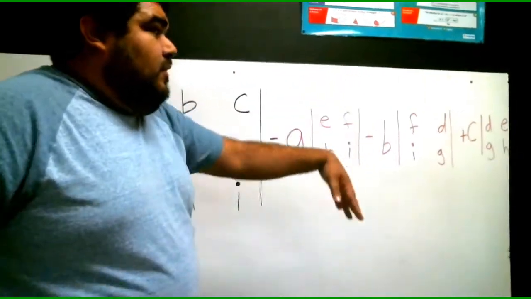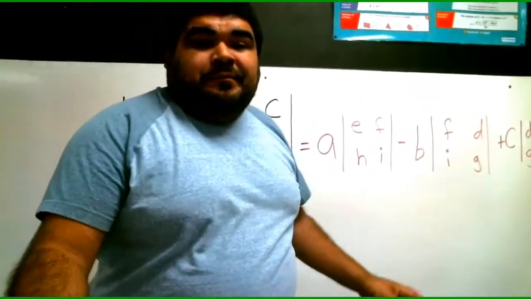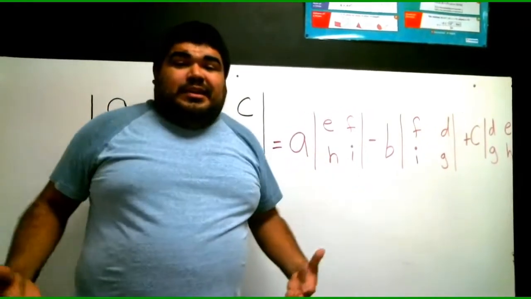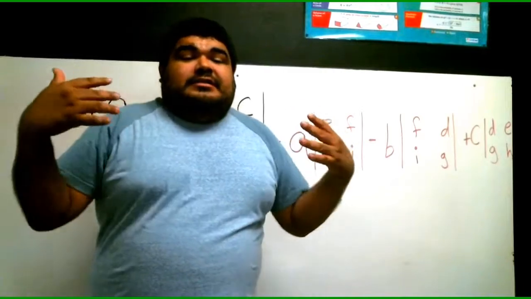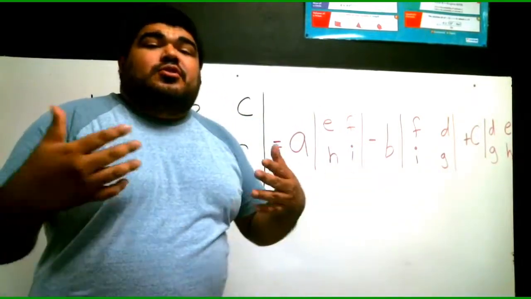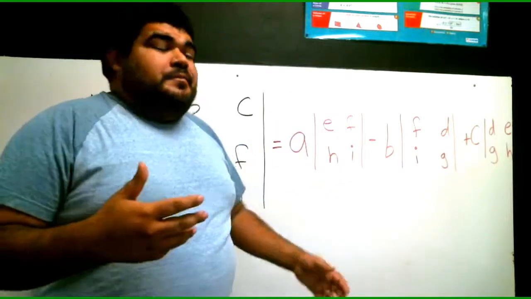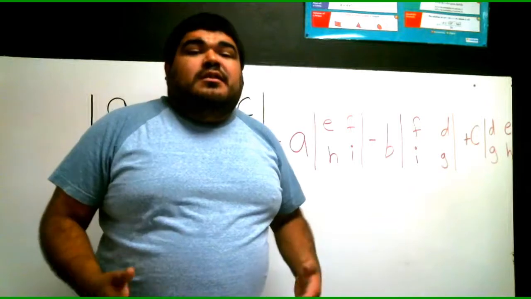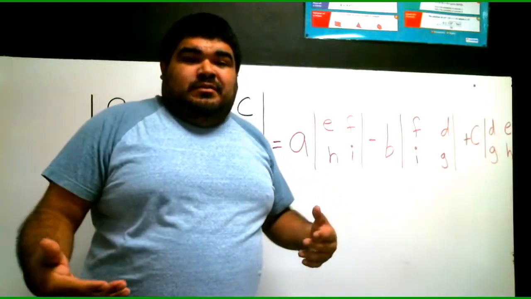I ran out of room to do a little line at the end, but that is the equation you're going to need today, okay? It looks kind of complicated. It's not very complicated once you plug in the numbers, once you know how it works. I'm going to show you a different way how it works. But once we do plug it in, it makes it a lot simpler, okay? I'm going to show you another way.